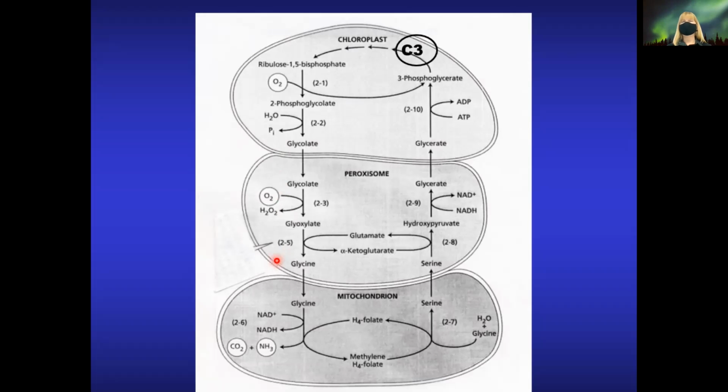Glycine gets made in the peroxisome and gets shuttled over to the mitochondria. So glycine is only 2 carbons. So here in the mitochondria, they're showing this interesting little reaction. We're not going to get into it, but if you look over here, here's the one glycine coming in from the peroxisome. But look over here.